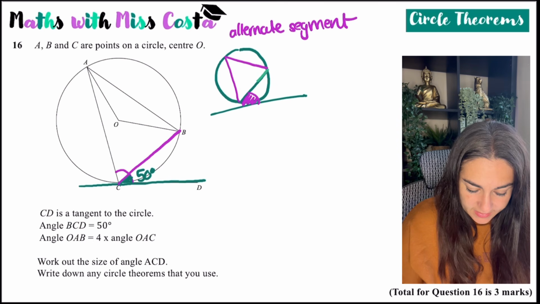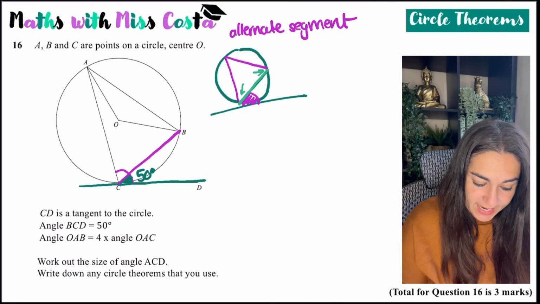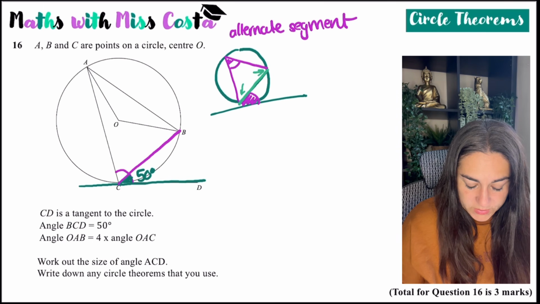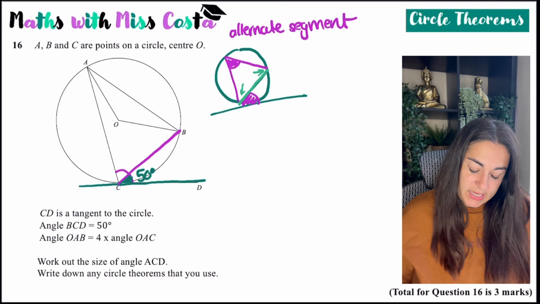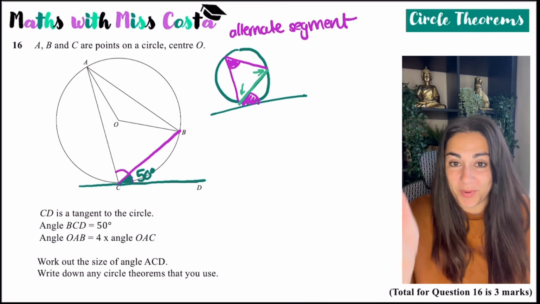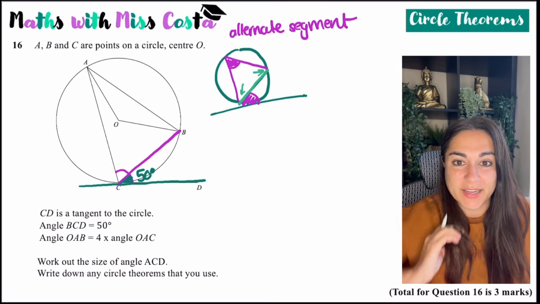So the chord is here, so it can't be this angle here or this angle here. It's going to have to be the angle in the alternate segment, so the angle that is not touched by the chord that creates this thing in the first place.